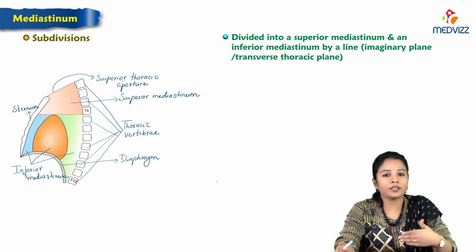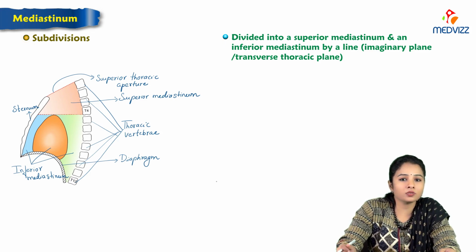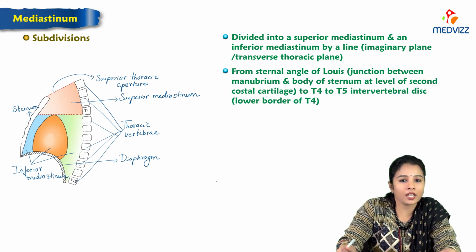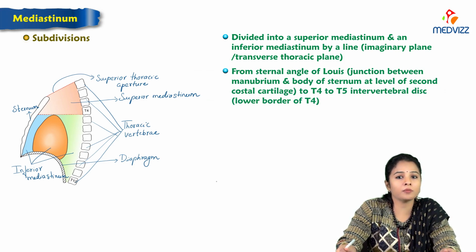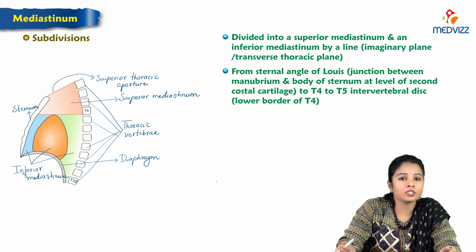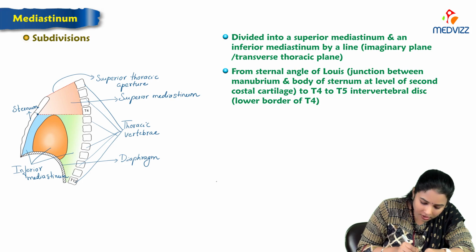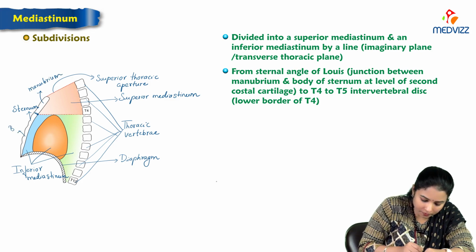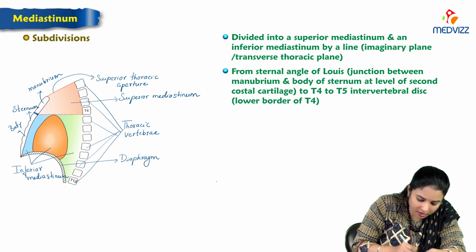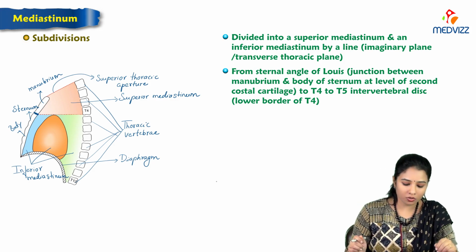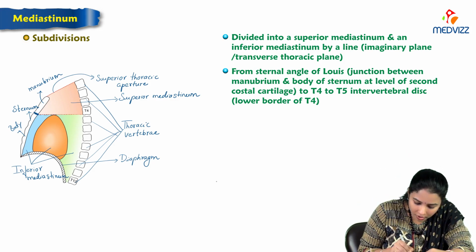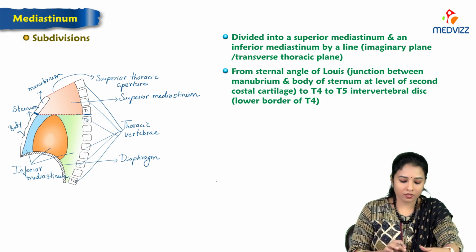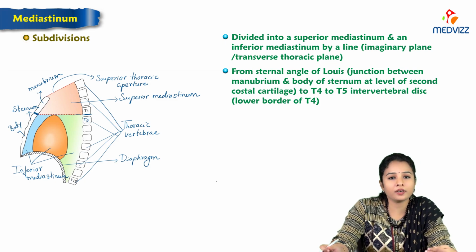It is divided by an imaginary transverse thoracic plane drawn from the sternal angle of Louis, the junction between the manubrium and body of the sternum at the level of the second costal cartilage, to the lower border of T4, between T4 and T5. That's how we divide the mediastinum into superior and inferior.